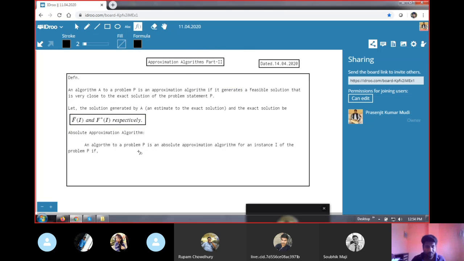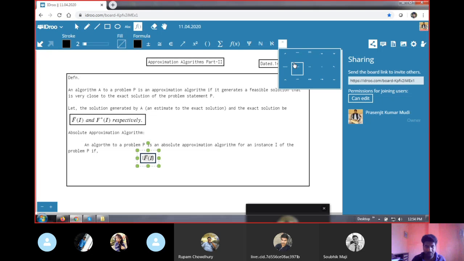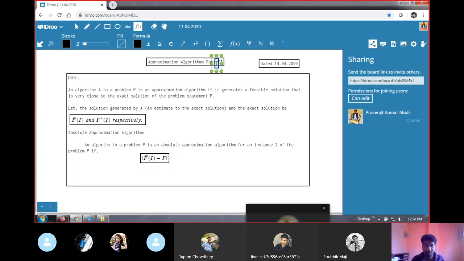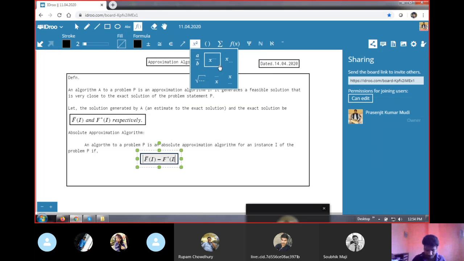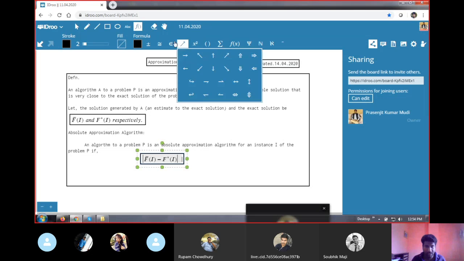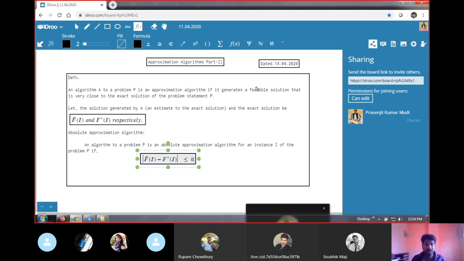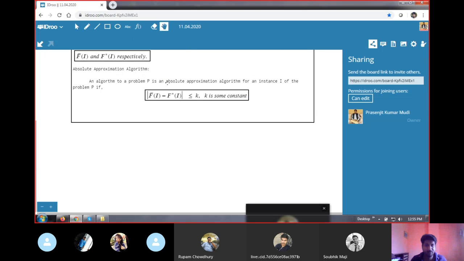Then the absolute difference between f bar I, which is the estimate or approximated solution, and f star I, the exact solution, is very close, and we define very close to mean less than or equal to some positive constant A. So this is an absolute approximation algorithm.